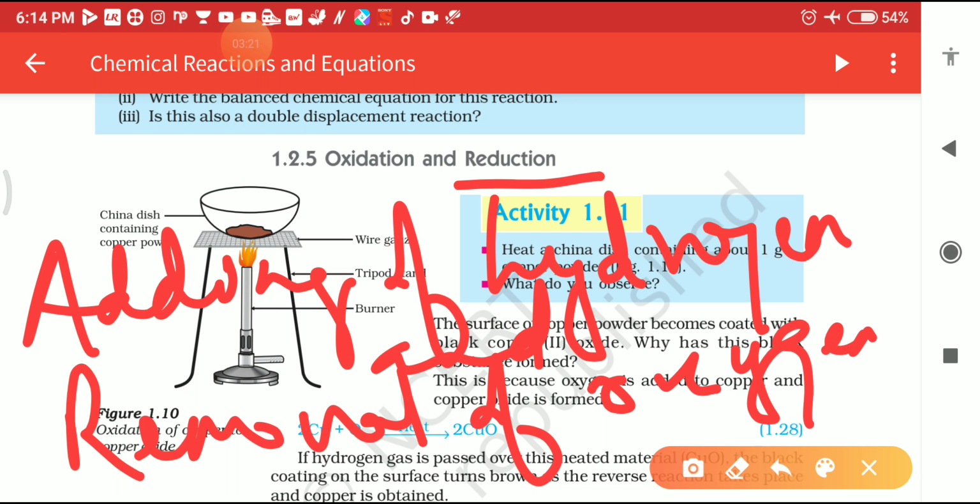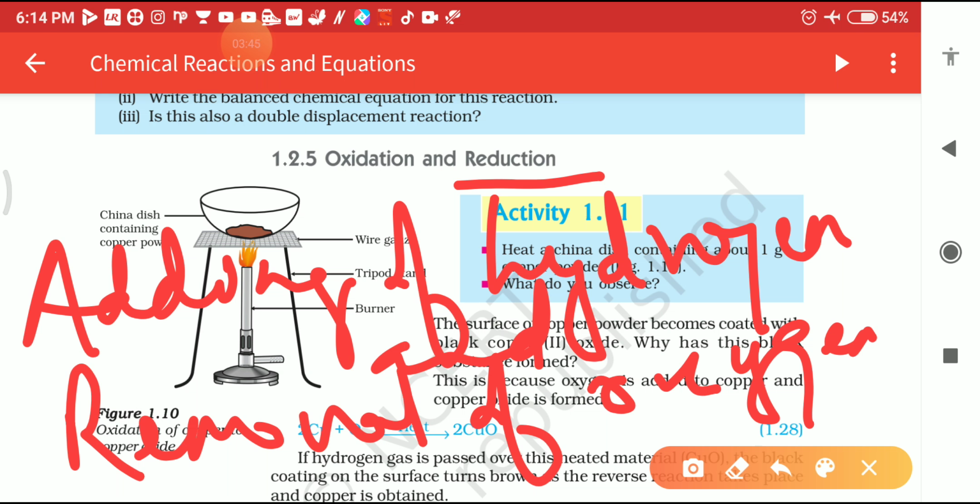And for reduction, same thing: the substance which gives hydrogen for reduction is called a reducing agent. The second point is that the substance which removes oxygen is also called a reducing agent.